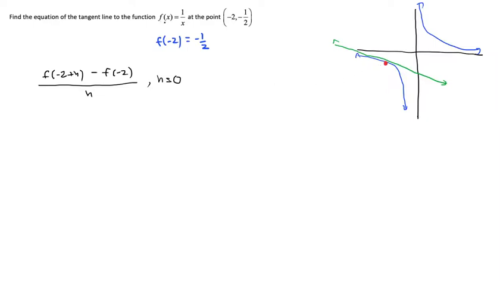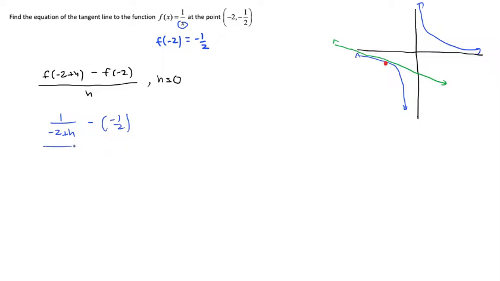So let's go ahead and plug everything in. What is f of -2 plus h? Well, we just plug in, so f of -2 plus h is just going to be 1 over -2 plus h. We just replace x with -2 plus h. And then we're going to subtract from that f of -2, which in this case we actually know is -1/2.